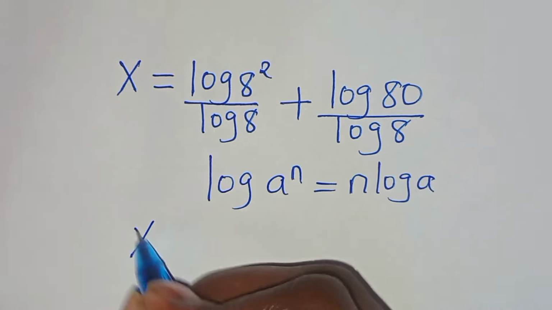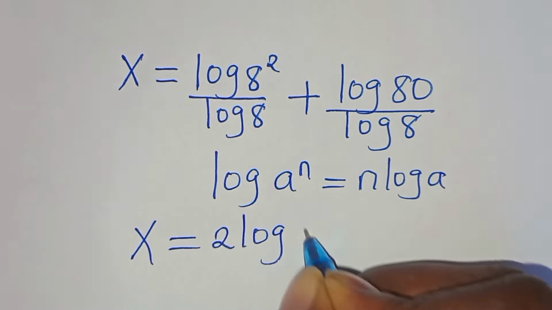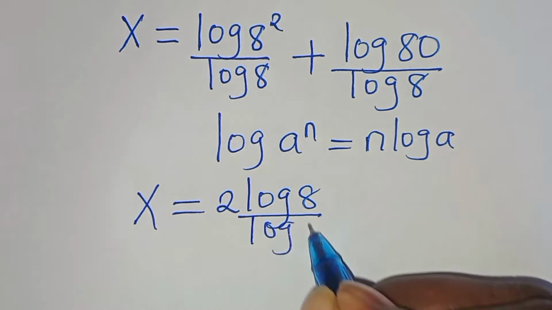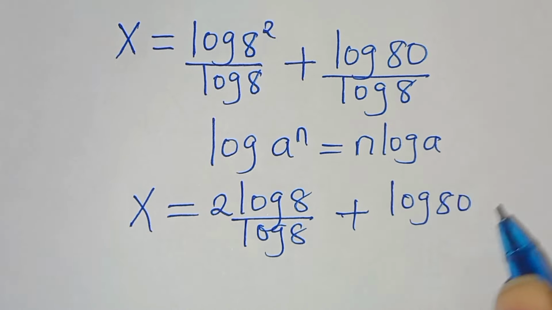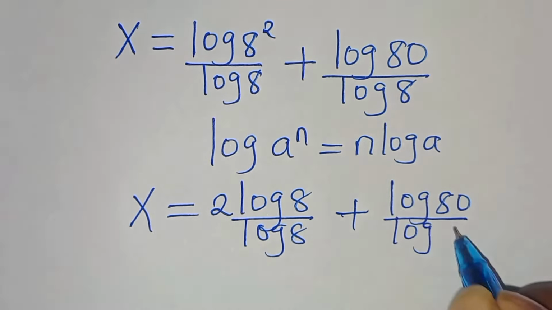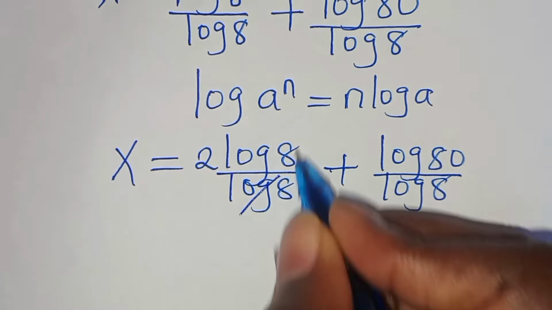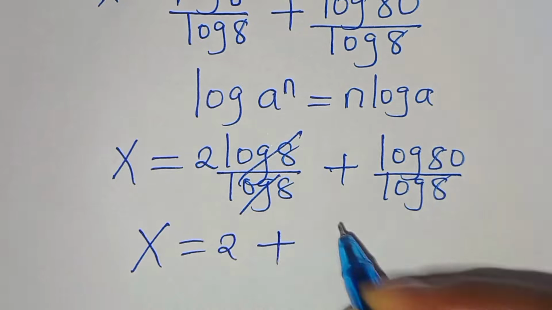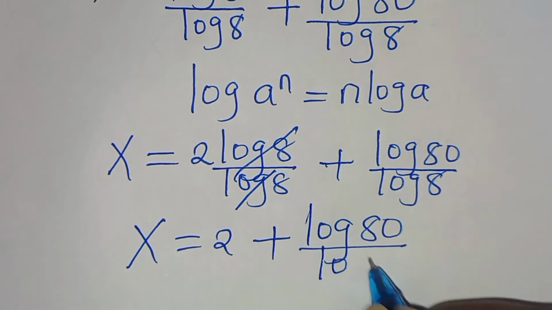Now here we have x is equal to log 8 to the power of 2. This is the same thing as 2 log 8 divided by log 8 here. Then plus we have log 80 divided by log 8. So let's simplify log 8 and log 8 here, so that now x is equal to 2 plus, now we have log 80 divided by log 8.